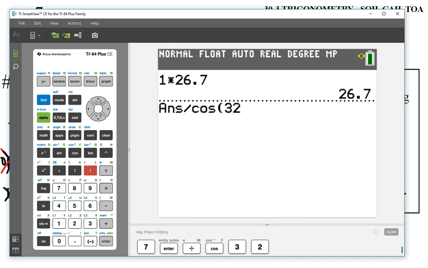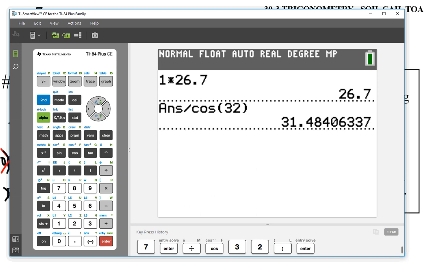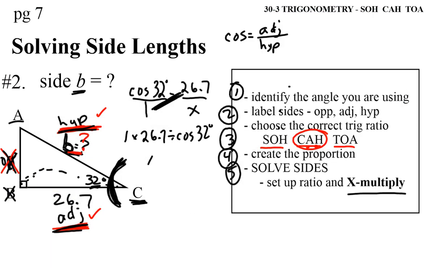Don't use the second function. We're just dividing by what's there, the cosine 32. And that's 31.484 or 31.5 for a length.